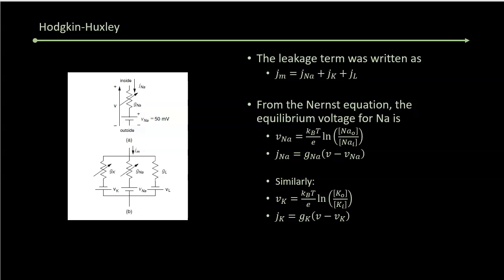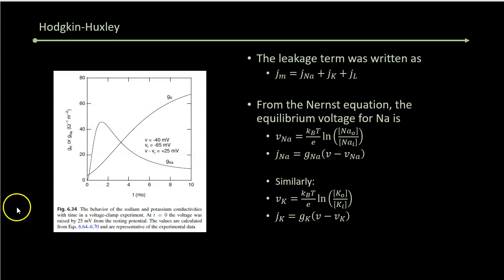If they look at the conductance for the two different ions, sodium and potassium, over the length of a pulse, so you send a pulse through, what happens? You can see here the conductivity for sodium shoots up very quickly and decays very slowly, and the conductivity for potassium slowly rises. When you think conductivity, you should think of it as kind of like current for a given voltage.